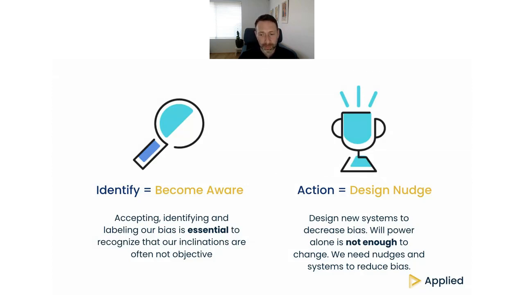And so what Applied recommends is you design a system or a process where the bias cannot creep in. Examples of those are things like anonymizing CVs and resumes and using skills-based assessments and work samples.